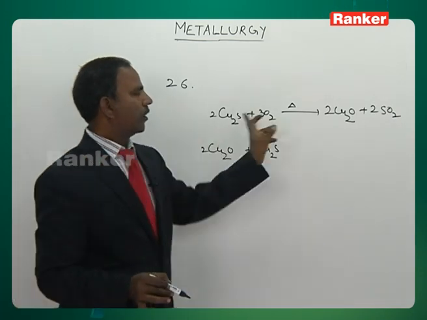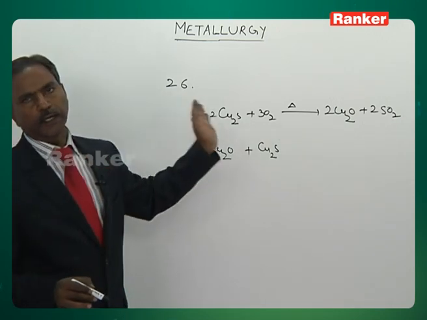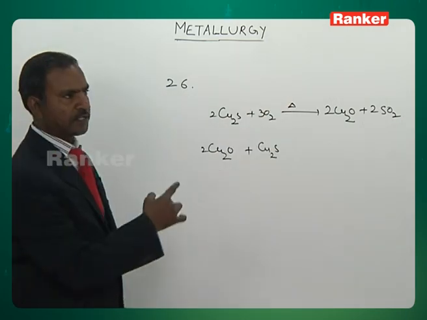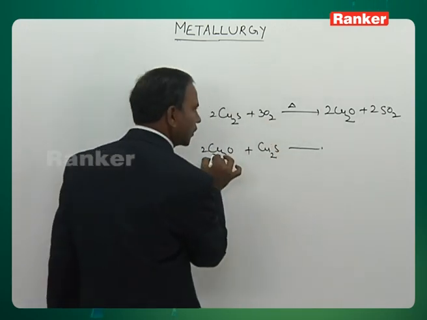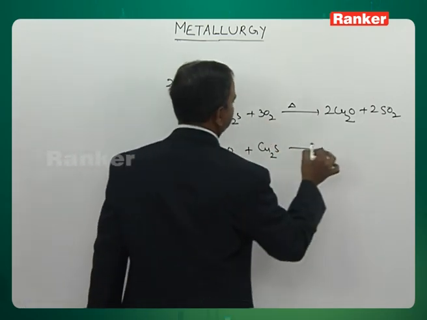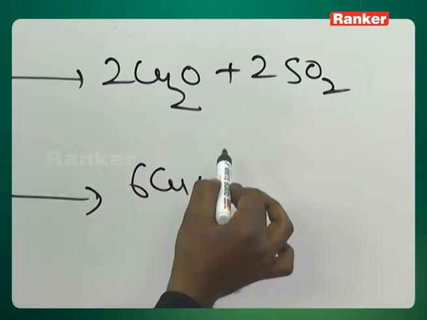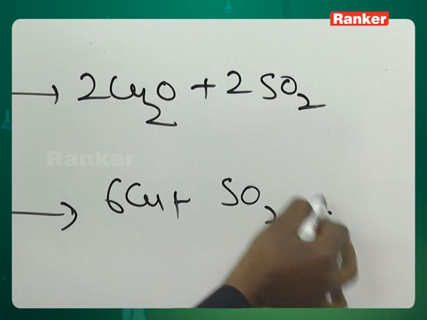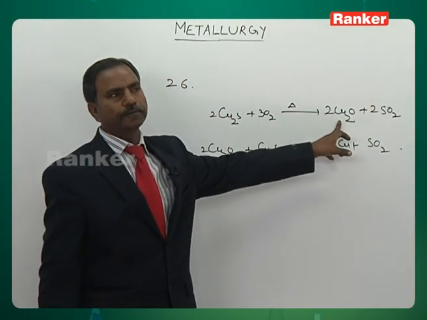So, part of the ore is converted into oxide. This oxide is completely reduced to copper metal by self reduction. See, again Cu2S reduces the cuprous oxide, then you are getting 6Cu and SO2 like this. This is what is partial roasting.